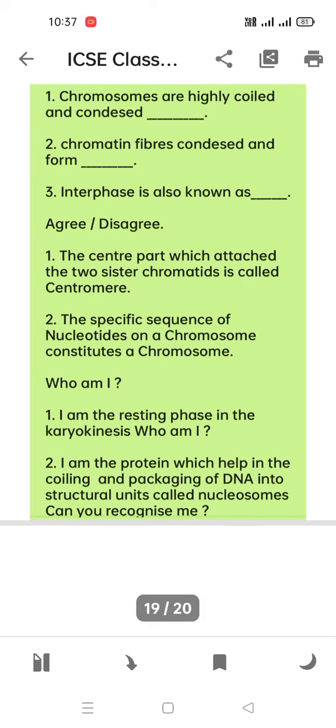Second one, the specific sequence of nucleotides on a chromosome constitutes a chromosome. False. Disagree. It constitutes a gene. Okay. So this is agree and disagree.